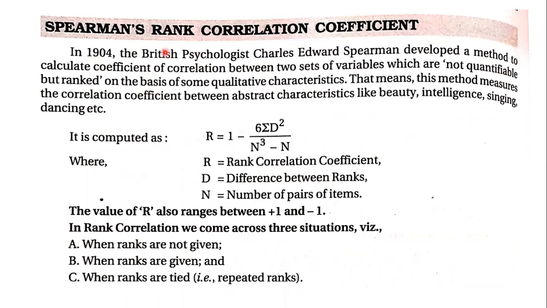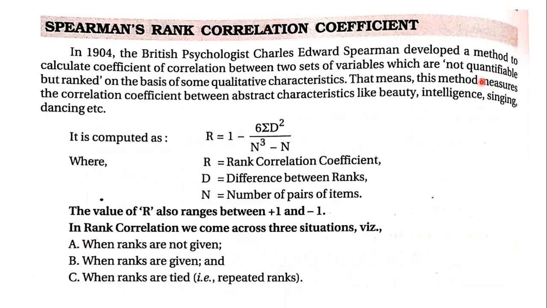But Spearman's correlation is where we will be taking two sets of variables which are not quantifiable. You cannot count them as numbers. If you cannot count them as numbers, which means they are qualitative in nature. So it will be something like an explanation, or something like a feeling.